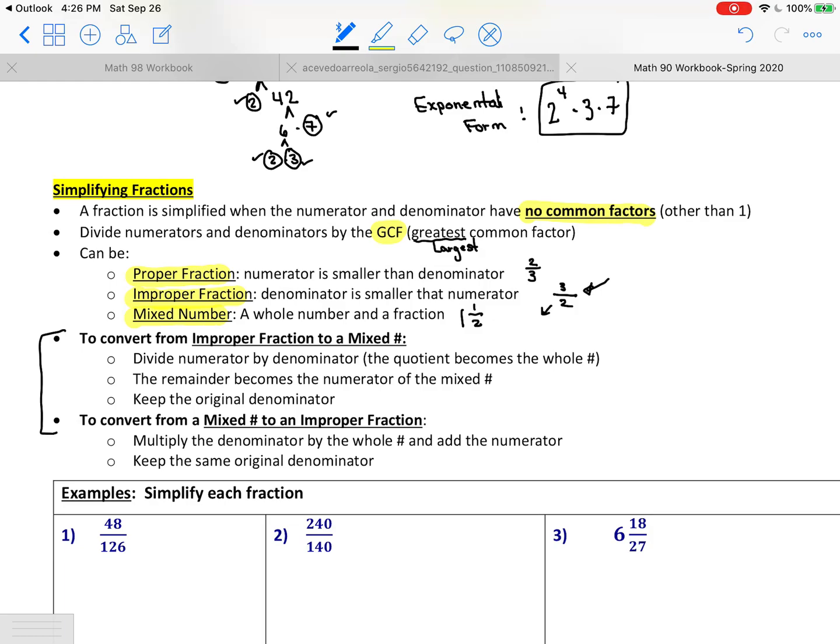And I did include some steps here, which is basically what we just did when we were looking back and forth between these two fractions. If we were converting from an improper fraction down here to the mixed number, we divided the numerator by the denominator, right? So 3 divided by 2 is 1.